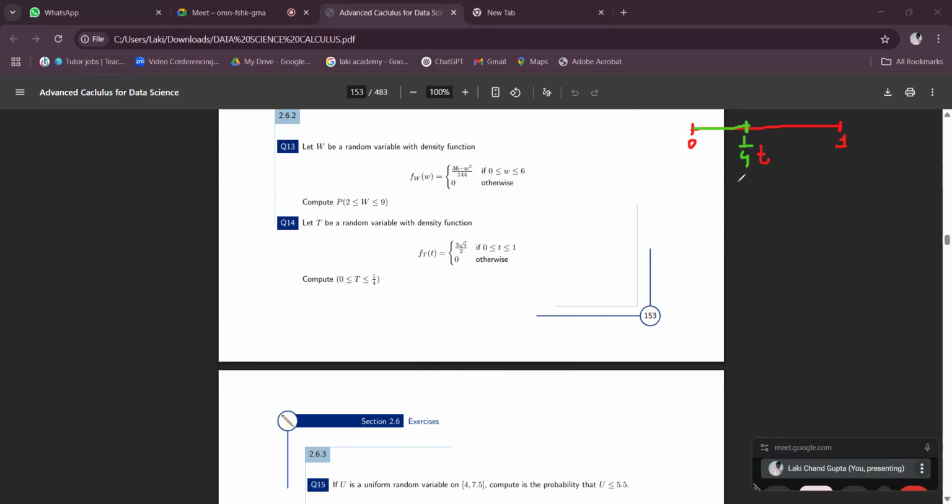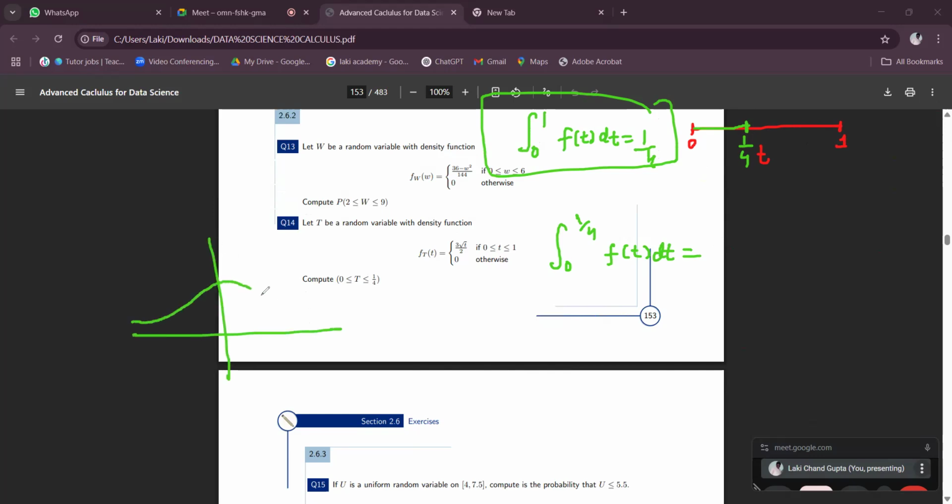So you can write the integral from 0 to 1 over 4 of f(t) dt. If you calculate from 0 to 1, you will always get 1, the total. It doesn't mean that 0 to 1 by 4 is 1/4.